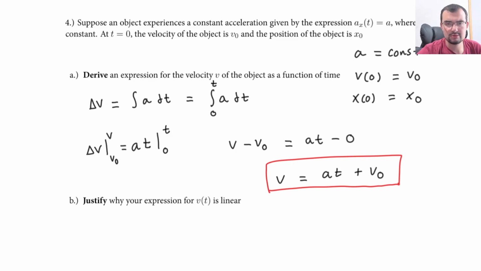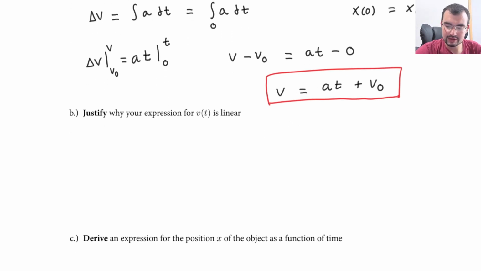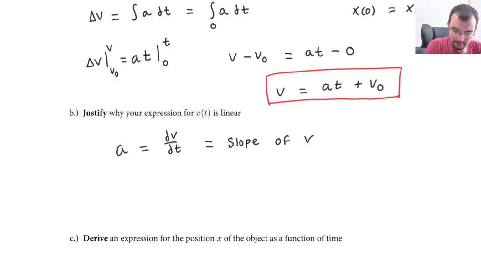because the next part says, how could we have deduced that this was linear without using calculus, and how do these numbers make sense? Well, we said that acceleration, which is the derivative of velocity, which is the slope of v, was equal to a constant.